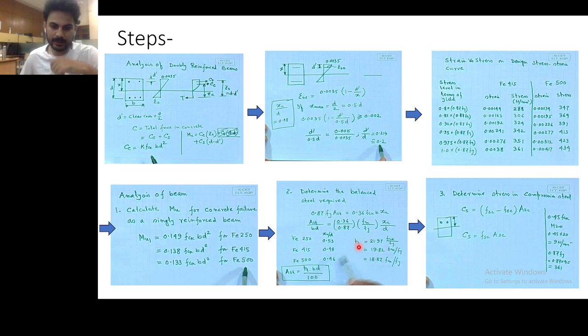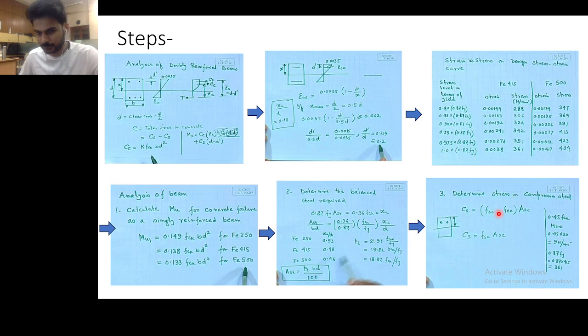Directly you can get the percentage of steel in a balanced section. There are other ways to solve it, but this is one of the ways the professor has adopted. And Ast, we know, is equal to pt into bd divided by 100, so from the percentage of steel we can directly calculate Ast.